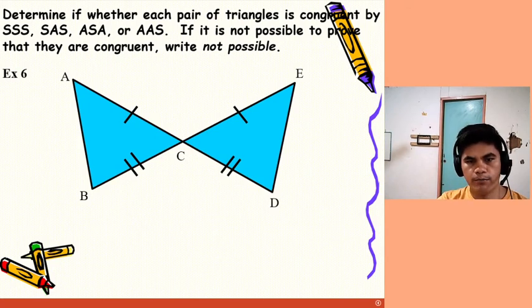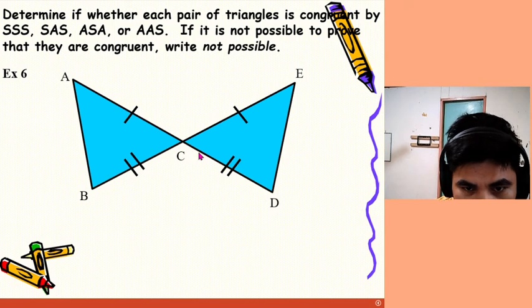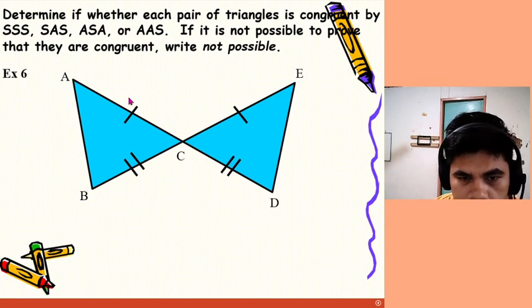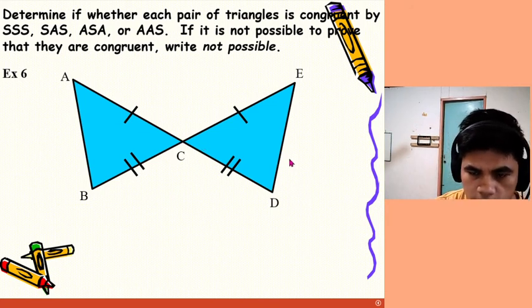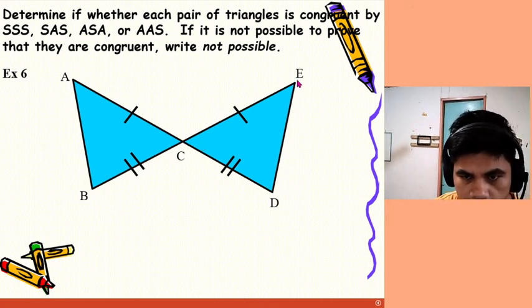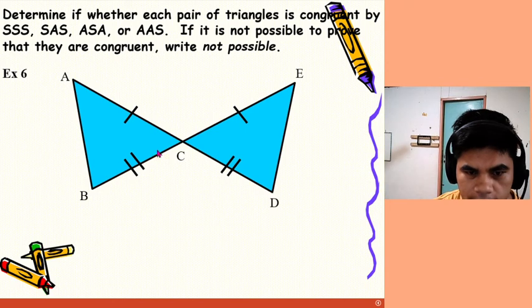they are congruent by, so we have side, side, and vertical angles. Vertical angles and this side. So side, angle, side. If we put this in reasons: side EC is congruent with side AC, the reason is given.